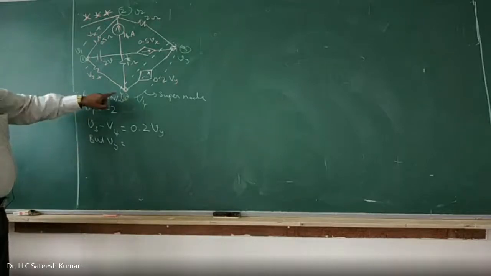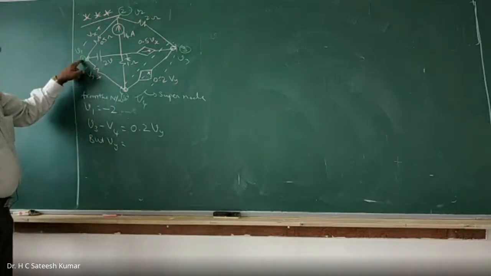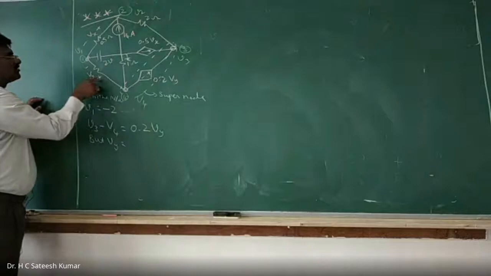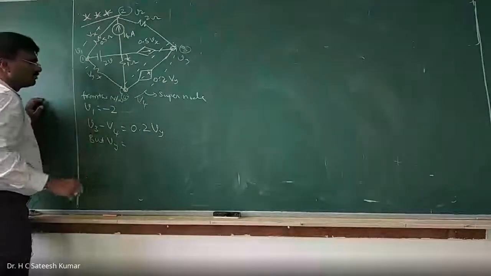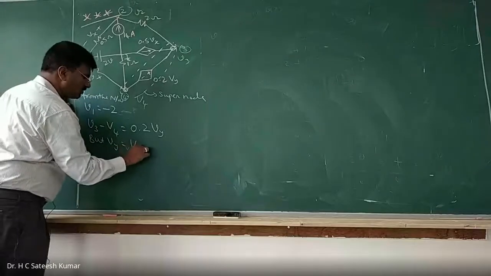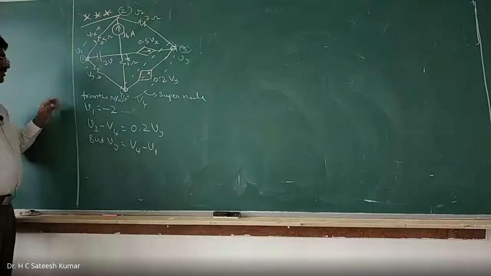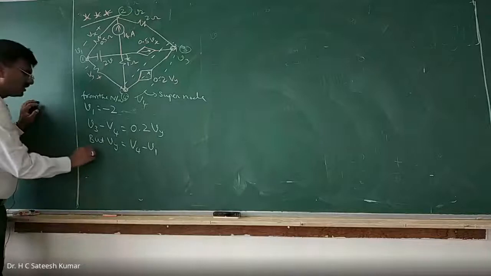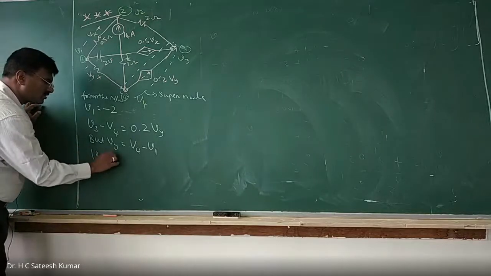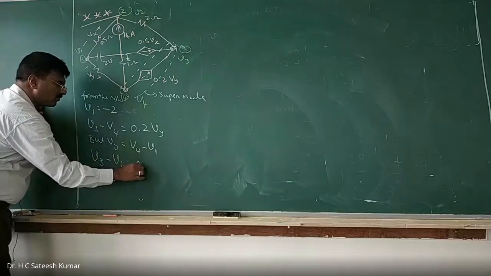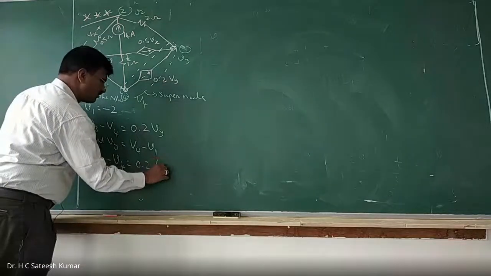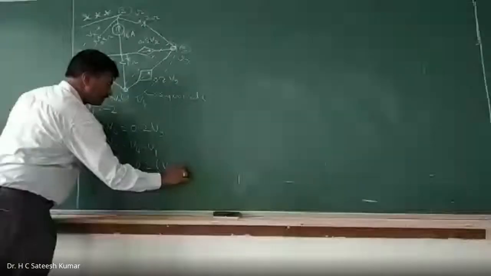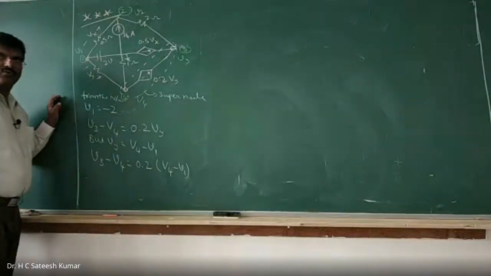Vy is nothing but V4 minus V1, because this is plus, this is minus. This voltage is nothing but V4 minus V1. Substitute in this equation. V3 minus V4 is equal to 0.2 into V4 minus V1.